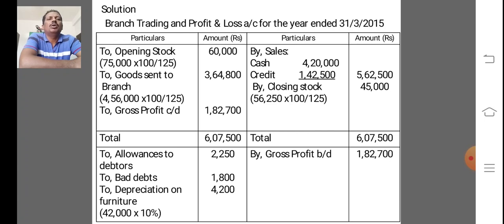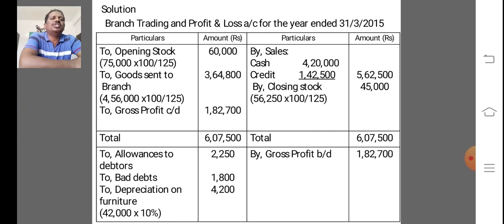So debit the opening stock, that is 75,000 into 100 divided by 125, that is 60,000, and debit the goods sent to branch account, that is 4,56,000 into 100 divided by 125, that is invoice price to be deducted, 3,64,800, and credit the sales, that is cash 4,20,000, credit 1,42,500, the total is 5,62,500.